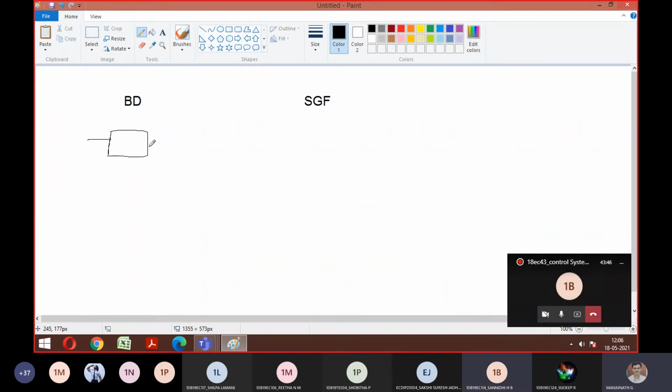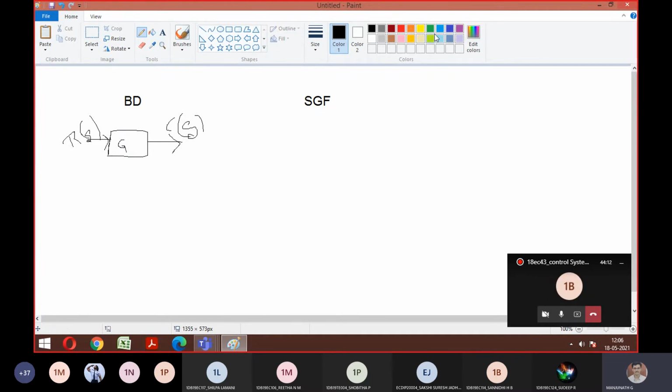So you're giving input here and getting output, R of S and C of S. This was your G of S, or G. We used to find the transfer function, output by input. This type of representation is what you learned in block diagram.